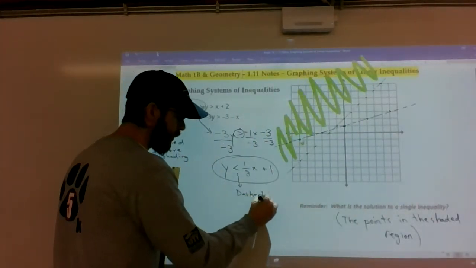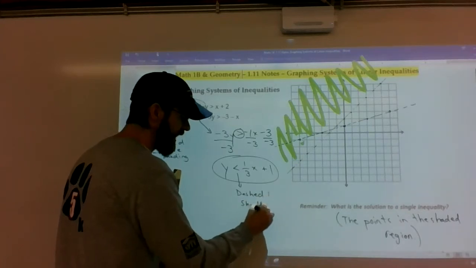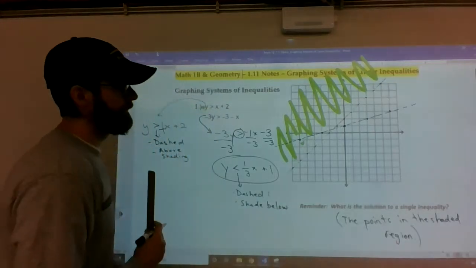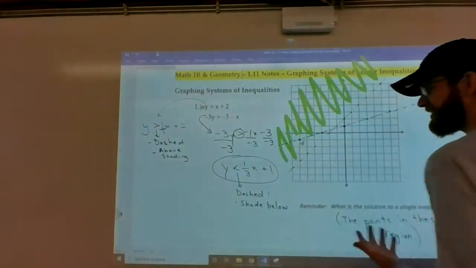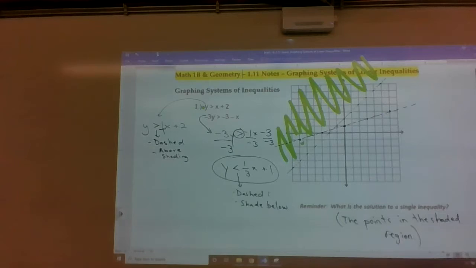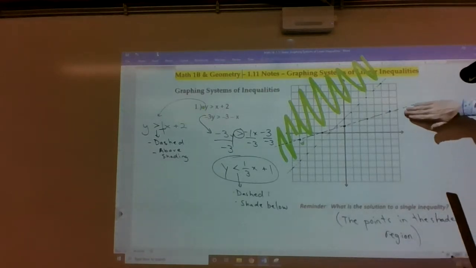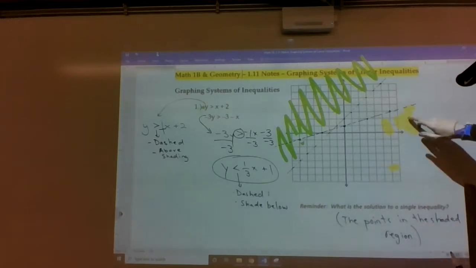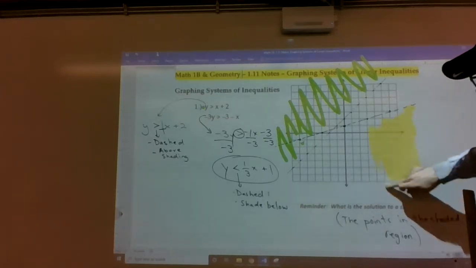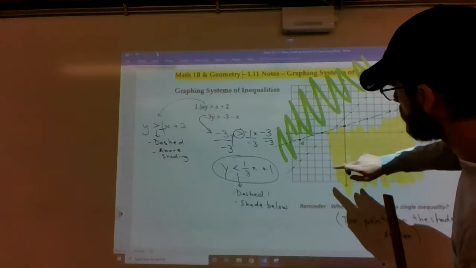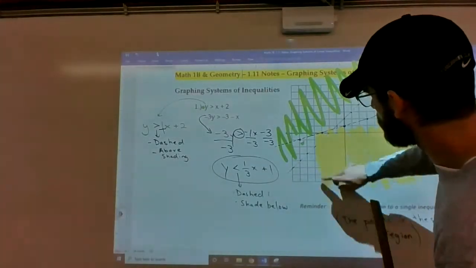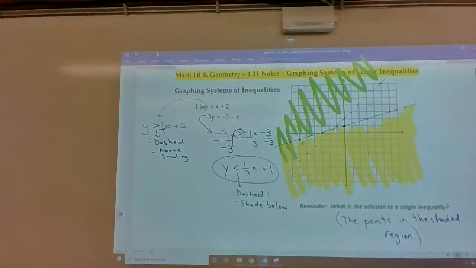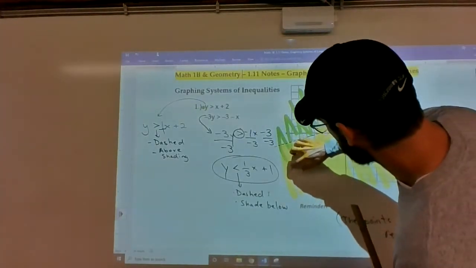And below, shade below the line that I just graphed. So below that line, I'm going to use a different color here. Let's go with yellow. So here's below the line. Remember, here's above the line, the other one.